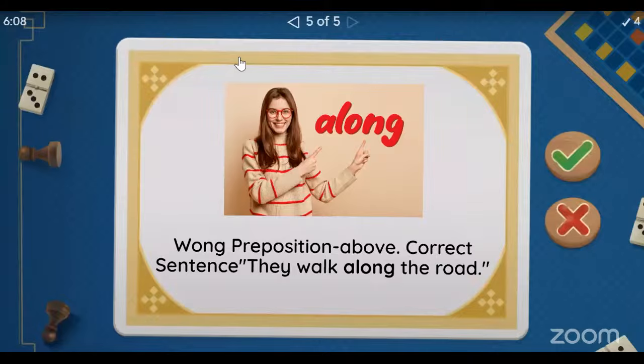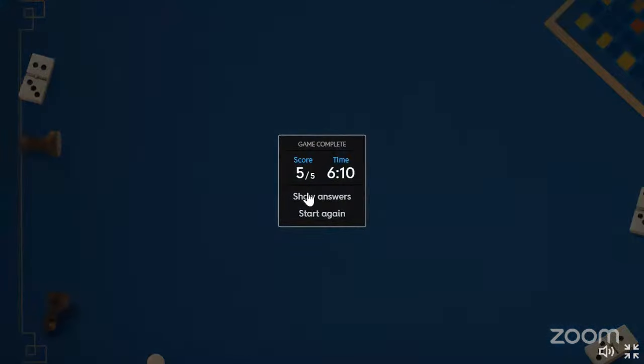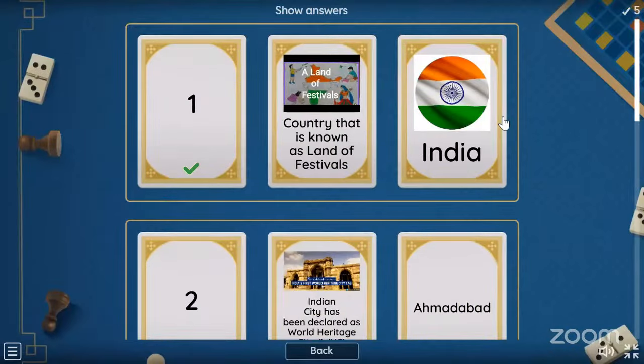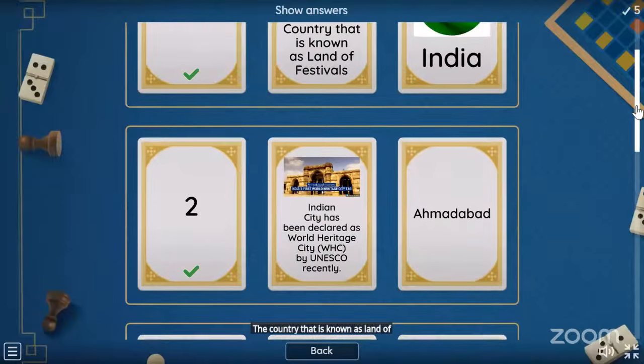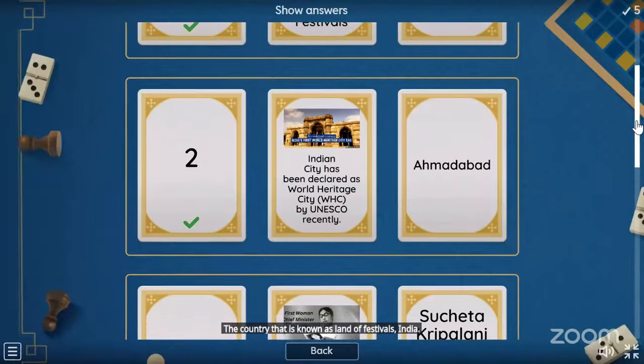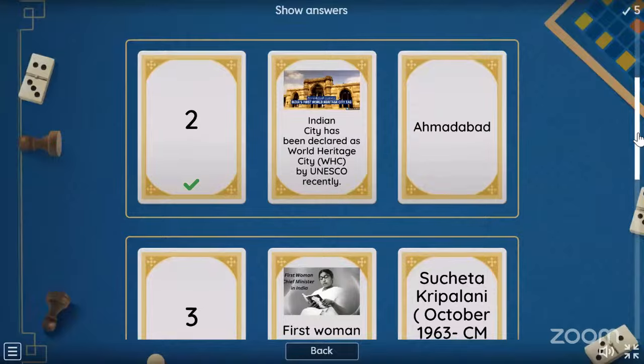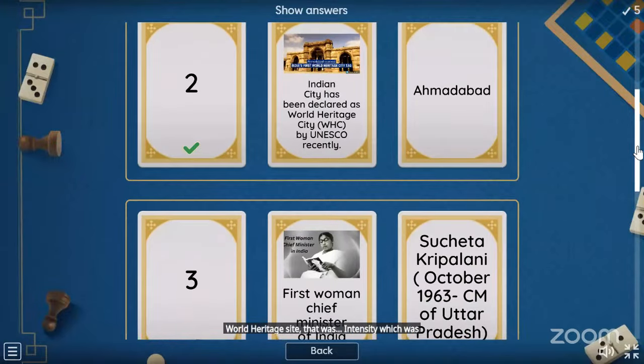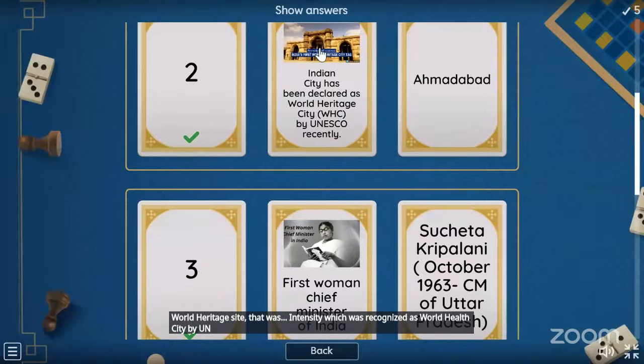Correct. The country that is known as land of festivals, India. The Indian city which was recognized as World Heritage City by UNESCO was Ahmedabad.